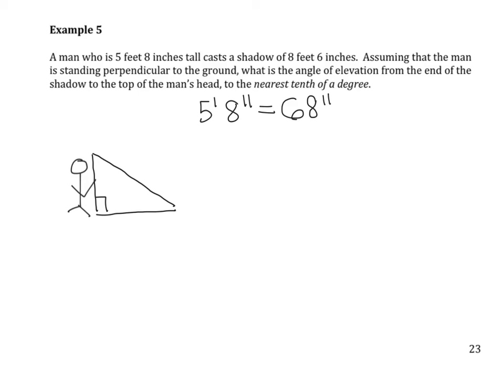If you're not sure what units you can convert to, that is given to you in the back of your Regents exam, and I'll provide you a copy of that in class. Also, we have 8 feet 6 inches, so 12 times 8 is 96, plus 6 is equal to 102 inches.